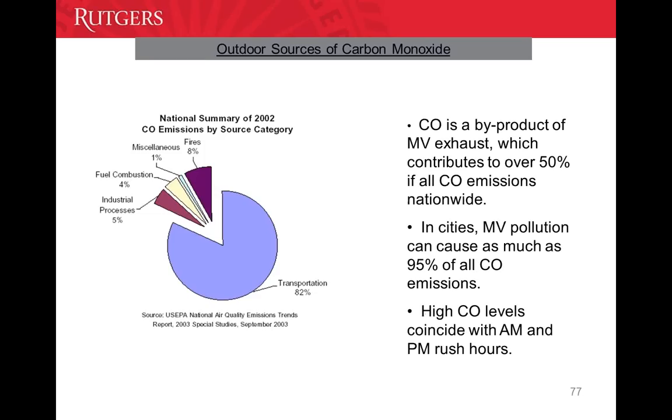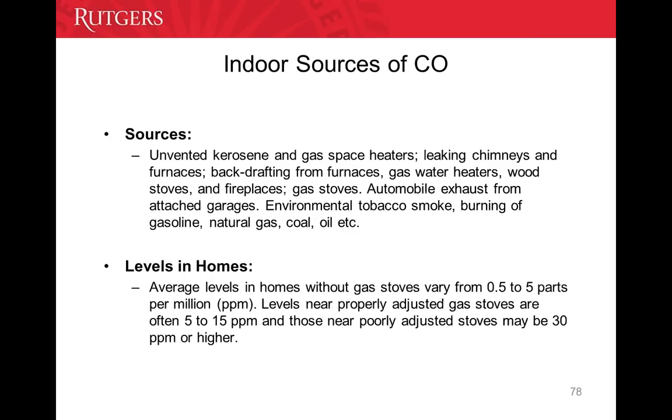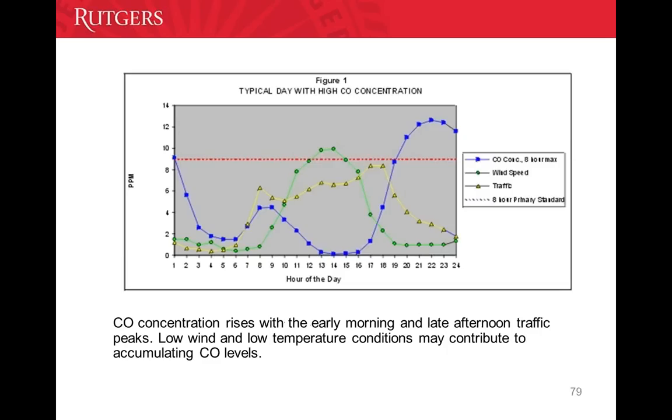The outdoor sources, as you can see in the picture, the big source, of course, is transportation. Indoor sources: leaky chimneys, poorly ventilated furnaces, and poorly ventilated stoves, and those levels are levels that we mentioned earlier. This is kind of an interesting slide, so I put it in.